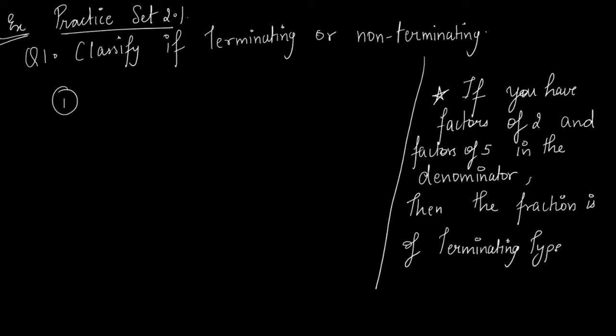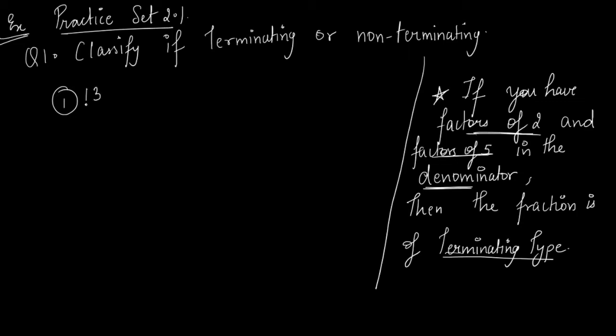So this is a shortcut, children. You only need to look at the denominator. If you find that the denominator is made up of factors of 2 or factors of 5, you can quickly write down that this is going to be a terminating fraction.